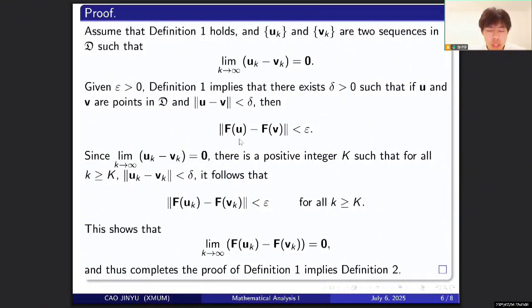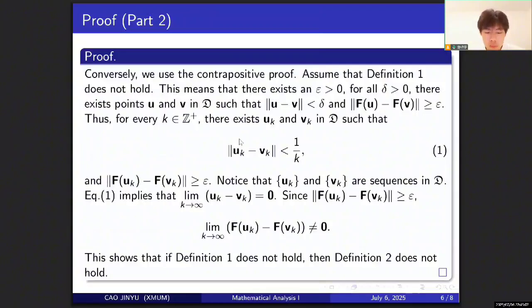This captures the uniformity across the entire domain D. For the second part of the proof, the idea is that the failure of uniform continuity allows us to construct two sequences uk and vk so that the distance between the two points uk and vk gets arbitrarily close while their images under the function f remain separated, thus violating definition 2.